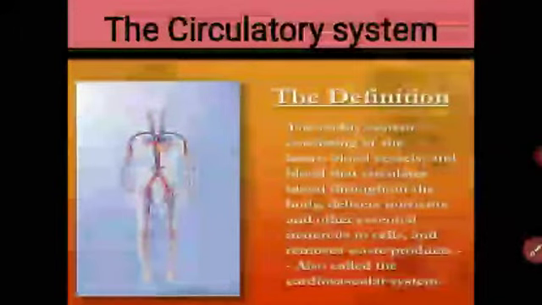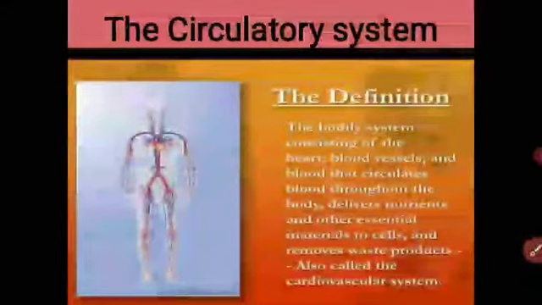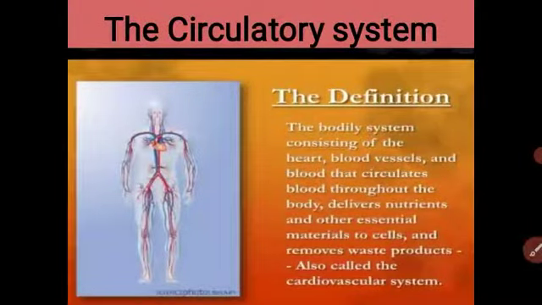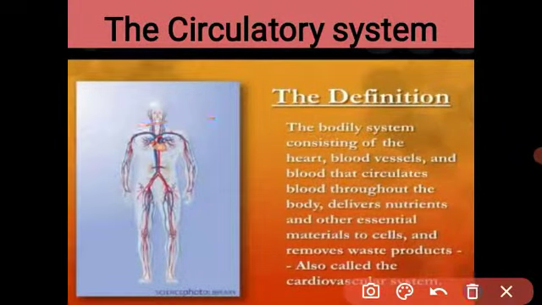The circulatory system consists of heart, blood vessels, and blood that circulate the blood throughout the body and deliver the nutrients and other essential material like oxygen to the cells and remove the waste product which is produced in the cell.